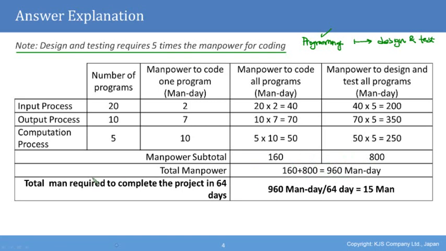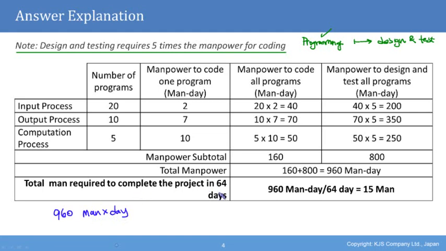So then we find that the total manpower required to complete the project is 960 man days, or it takes 960 days for 1 man to complete the project.